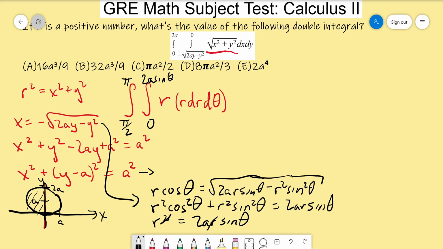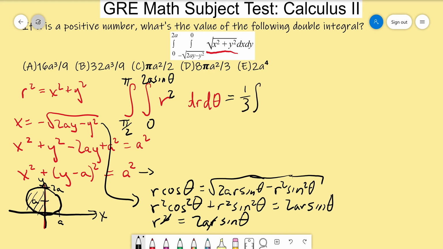Alright, so now we're ready to integrate. I'm just going to write this as r squared instead of r times r. Let's erase this. Okay, so we have r squared dr d theta. So this is going to be 1/3 r cubed, and I'm going to take the 1/3 out here.